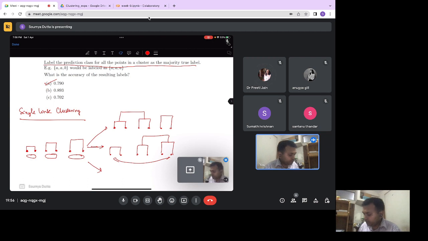Now, when you are doing single link clustering, these are your clustered elements at this stage. You need to find out the similarity between all these pairs of points. So let's say you have 1, 2, 3, 4.